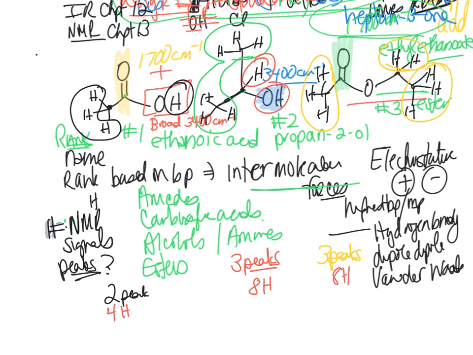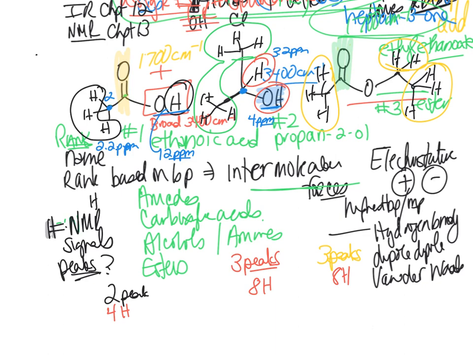Okay. Now, what about the shifts, the ppm shifts? Well, if you're a hydrogen alpha to a carbonyl, you're going to show up around 2.2 ppm. If you're a carboxylic acid hydrogen, you're going to show up about 12 ppm. It's pretty far up the spectra. Over here, the hydrogen on the oxygen is going to show up about 4 ppm. The hydrogen on the carbons connected to the oxygen will show up around 3.2 ppm.